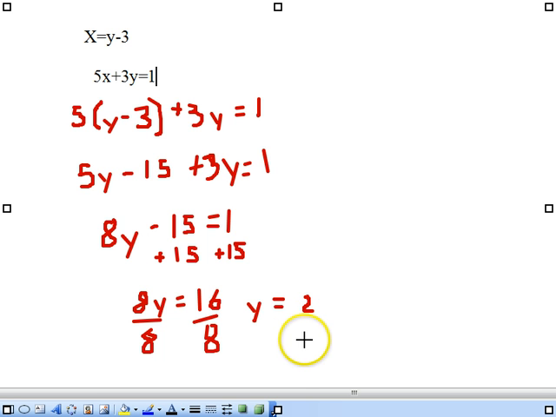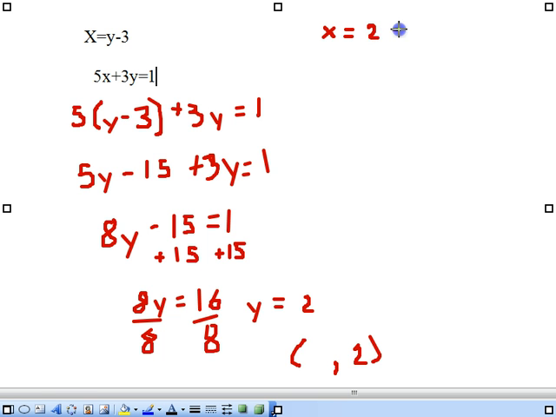So we have the first part of our solution for this system of equations. Our y variable is equal to 2. Now we need to come back up here and find the number that x is equal to. So what we can do is take that original equation and plug in 2 for y.